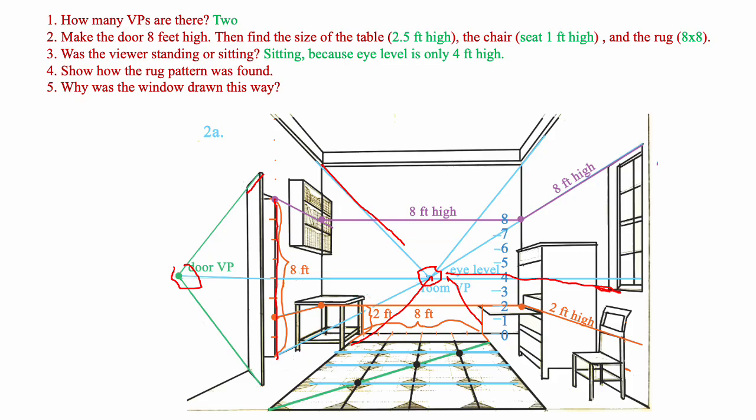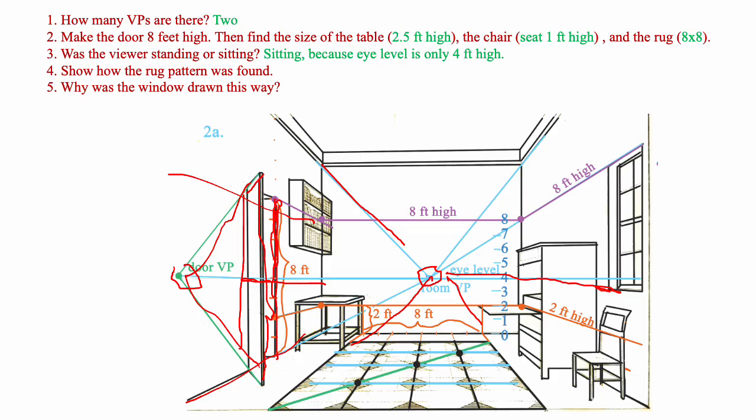Now you could also use this line here because we're looking for scale on this plane. But you can't use the outside of the door because that's on a different plane going to this vanishing point. Anyway, I have a scale here of 8 feet, and eye level is 4 feet off the ground.